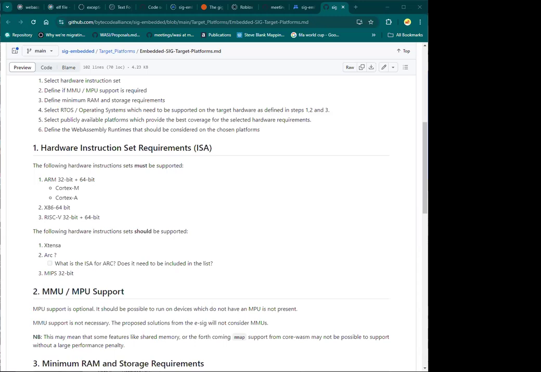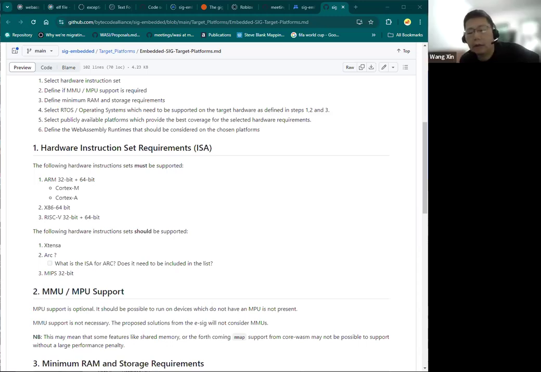Last year we adapted the XIP solutions on the Extensa platform. So yeah, we'd like to have it in future and get good support.